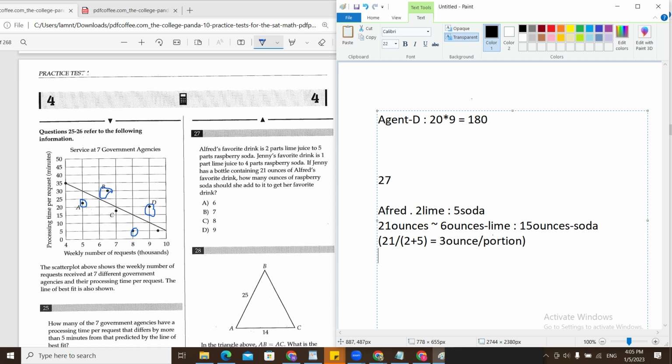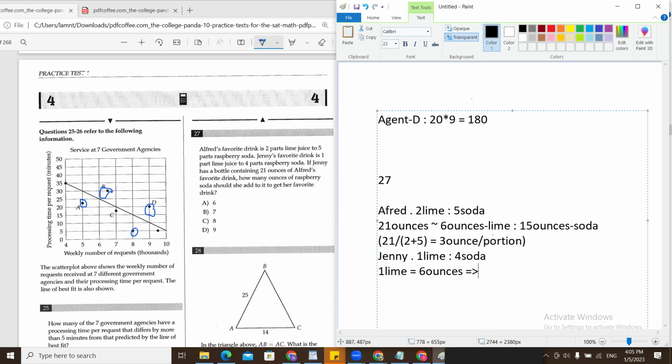So Jenny is 1 part lamb to 4 parts soda. But we know that 1 part lamb is equal to 6 ounces, right?